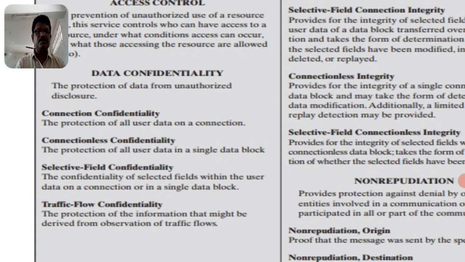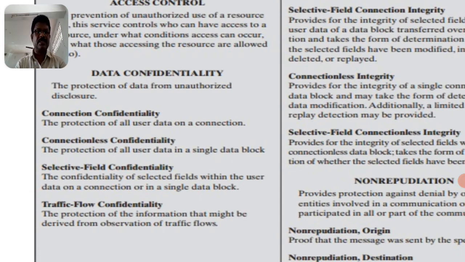So this is the protection of all user data on a connection. Whatever users are connected in the communication network can be protected. This is the category of connection-oriented confidentiality.